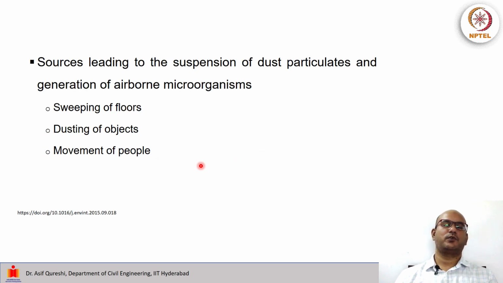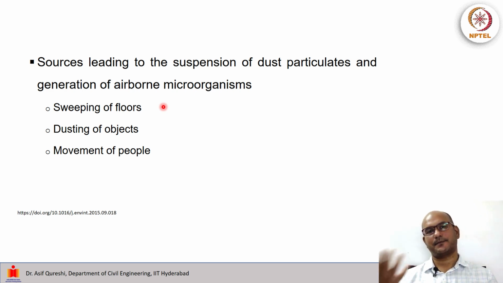Now we go from humans to the resuspension sources. So all the sources leading to the suspension of dust particles and generation of airborne microorganisms, and these would be sweeping of floors, so broom sweeping or any kind of sweeping. This will create some disturbance to the dust that is on the floor, and then this will get suspended into the air.